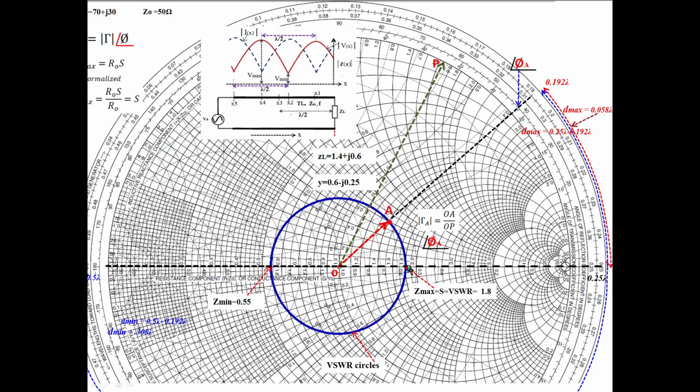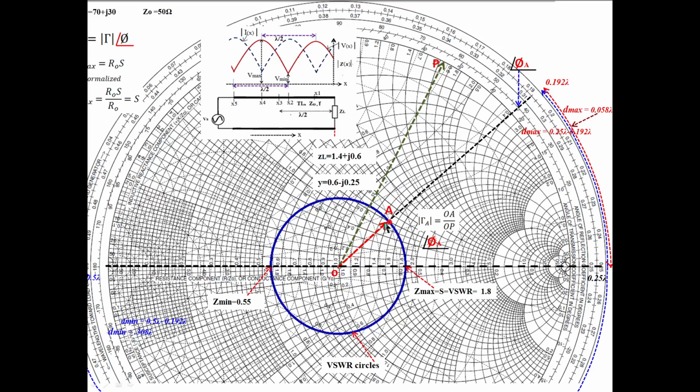For example, they will say this load is at a distance of 0.058 lambda from the maxima. What is the load value?